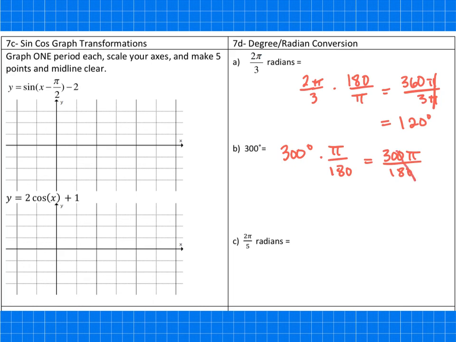The first things I can get rid of are the zeros, so I've got 30 pi over 18. 30 and 18 are both divisible by 6, so 30 divided by 6 is 5 pi, and 18 divided by 6 is 3, so this is 5 pi over 3. This is why you need to be able to use both of those conversions. You're going to have something on the test that will not be on your unit circle. You have to actually just do the conversion.